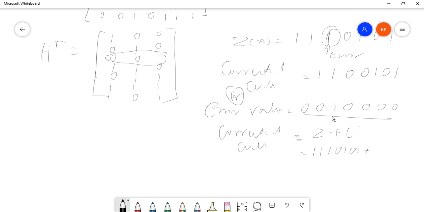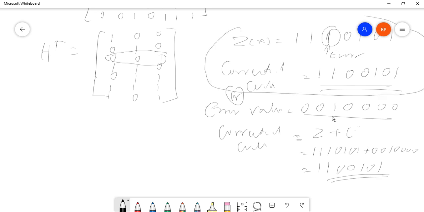The error is this, which is 001 followed by four zeros. If you add, we get back the corrected value, which is 110 0101. So either you can do it like this and write an explanation that it is the third bit from the left, or you can use this, and here you also have to write why you chose e with the third bit equal to 1: because the syndrome you calculated is in the third row of the H transpose matrix.